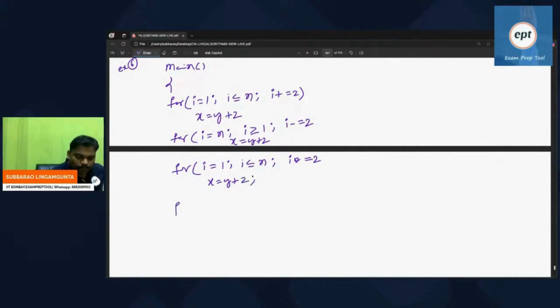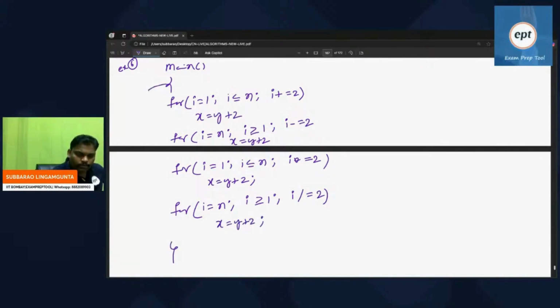Now for i equal to n, i greater than or equal to 1, i divide equal to 2, x equal to y plus z.